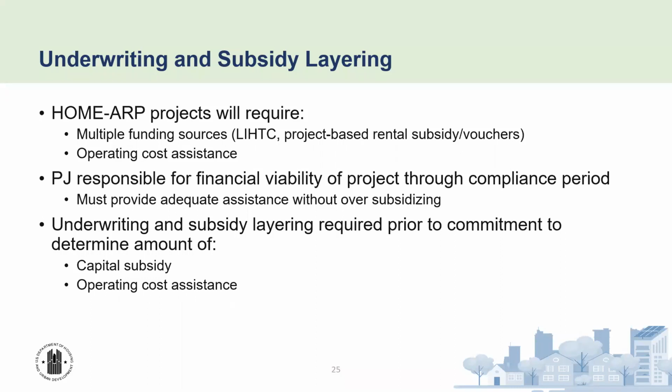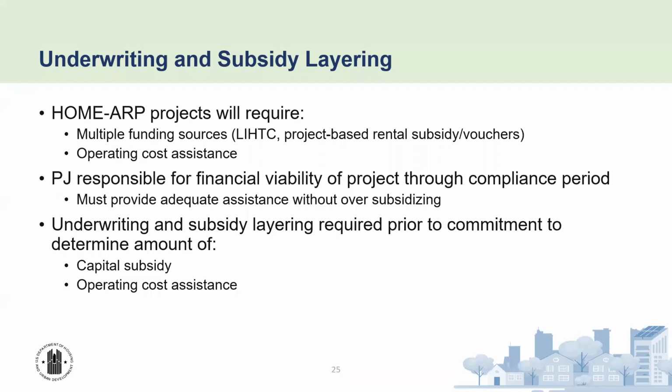If the project does not receive project-based rental assistance, many projects will also require a capitalized operating cost assistance reserve that'll cover the deficits associated with the units that are restricted for qualifying households, since the rental revenue on those units will be minimal at best.